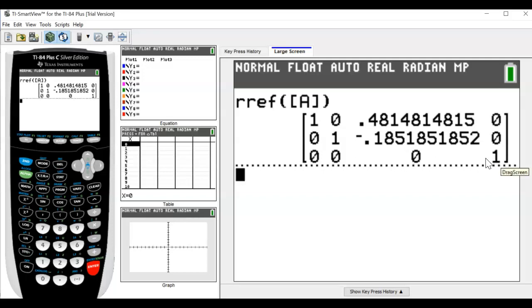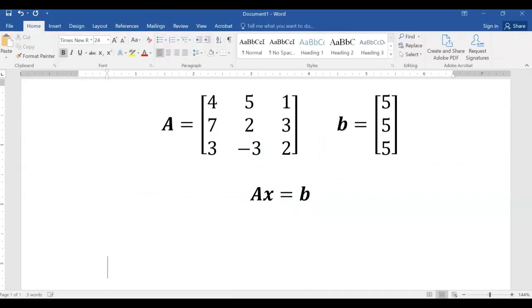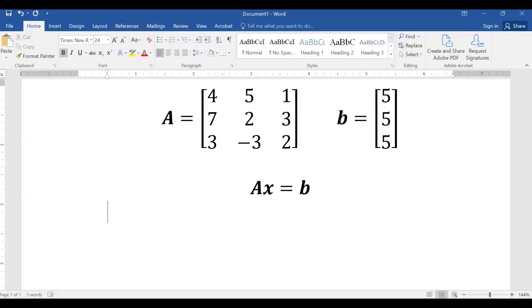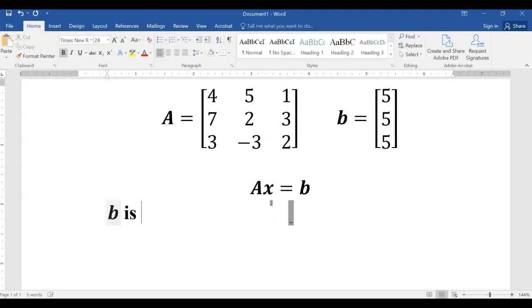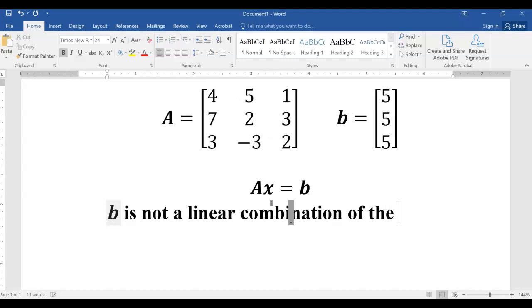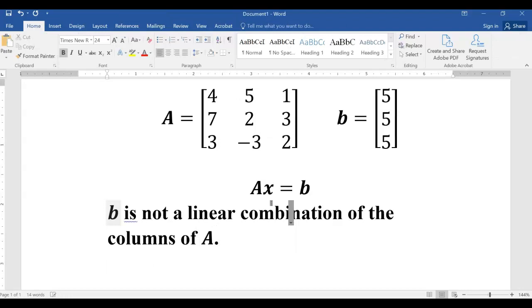So that means there's no solution. That means B is not a linear combination of the columns of A. So what does that mean about B? That means that B is not in the column space of A.